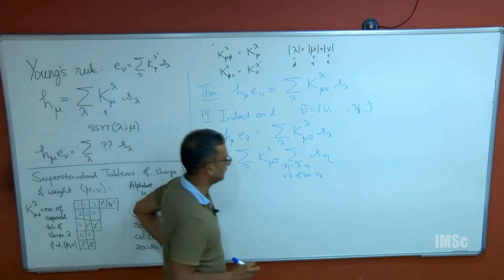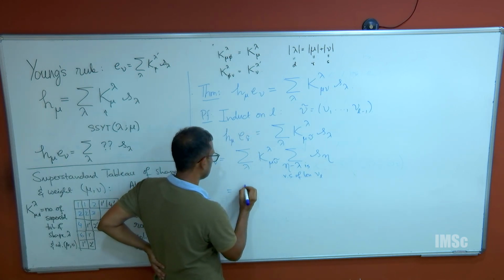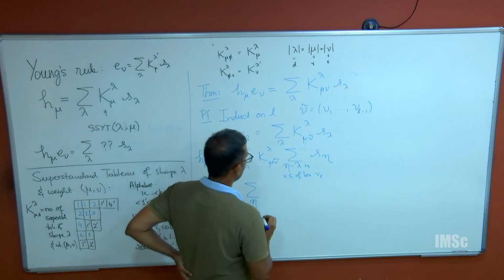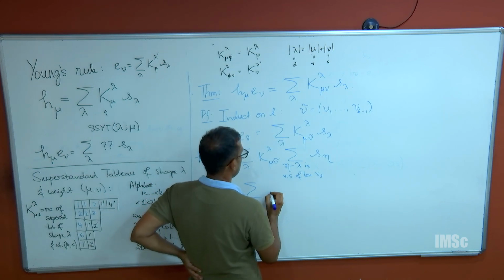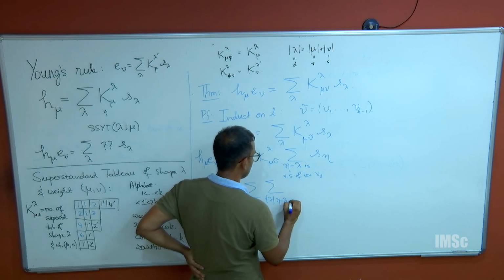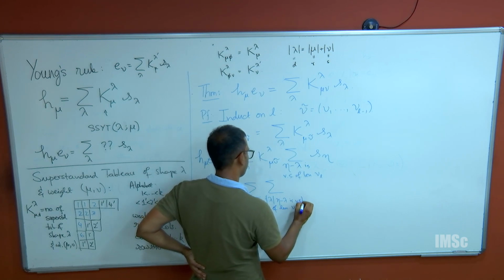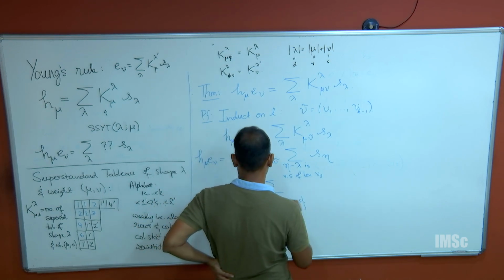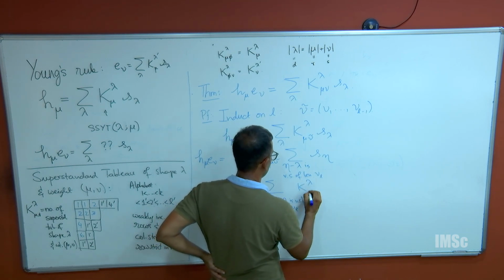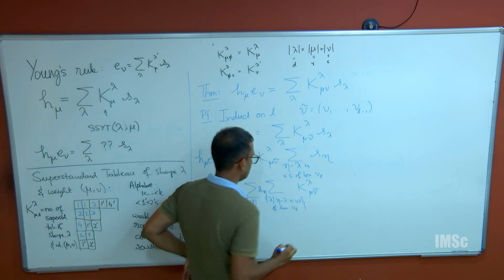And so now you collect it and write it as a sum over η. So, the sum over η, and then you have the sum over λ such that η minus λ is a vertical strip of length ν_l, of s_η K_{λμν̃}.